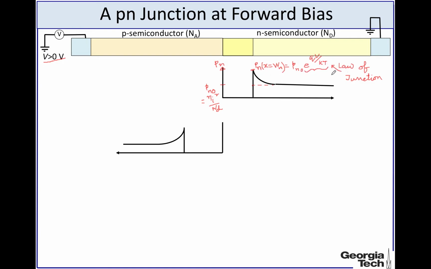Okay, so now this is what we have. What we can write is the value of the diffusion current due to the injected holes in the n side.